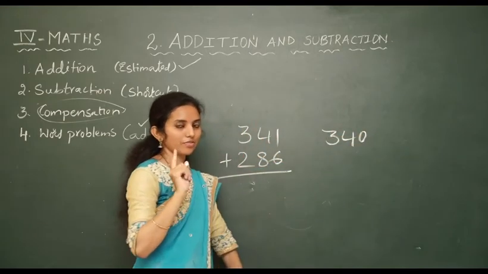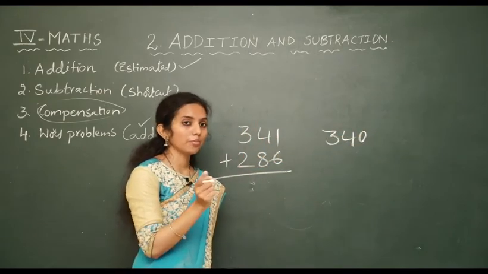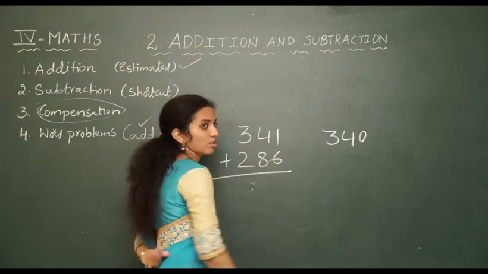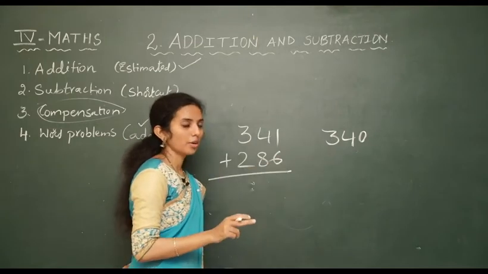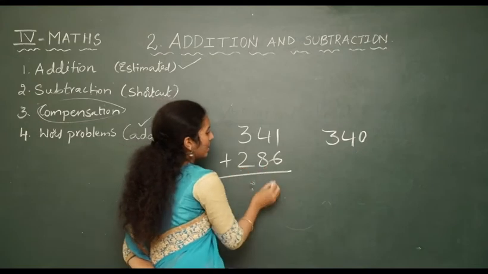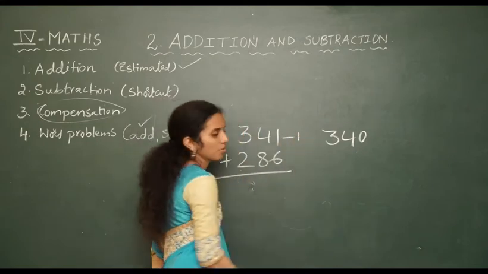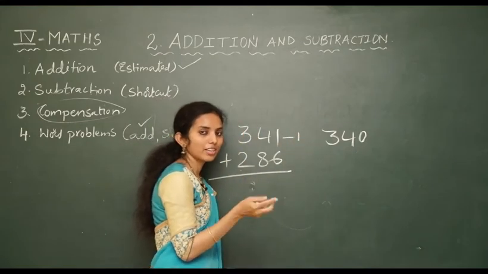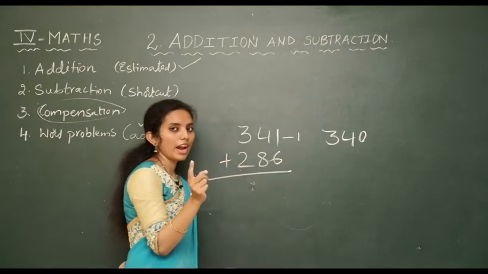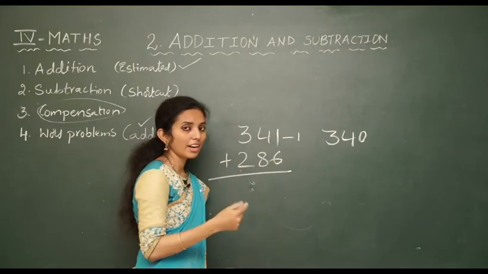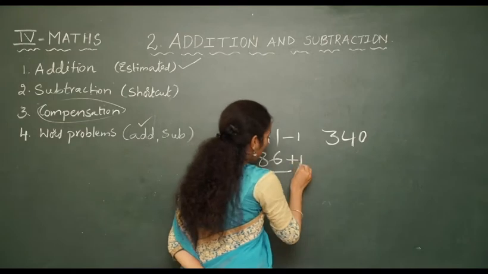Okay, round figures. We are rounding the numbers to the zeros, that is round figures. And for 286, we have to do something similar. There are two addends, right? From one addend we have subtracted, and to the other addend we have to do the addition.